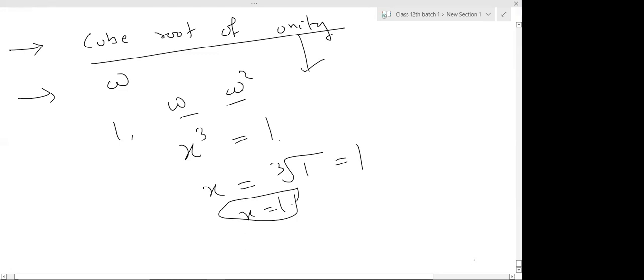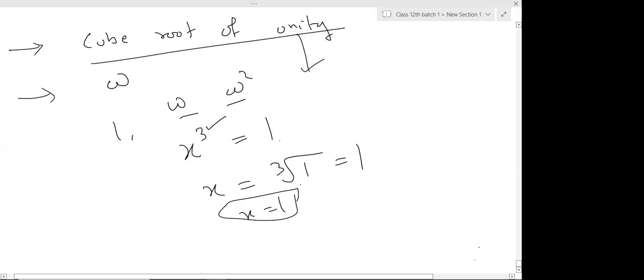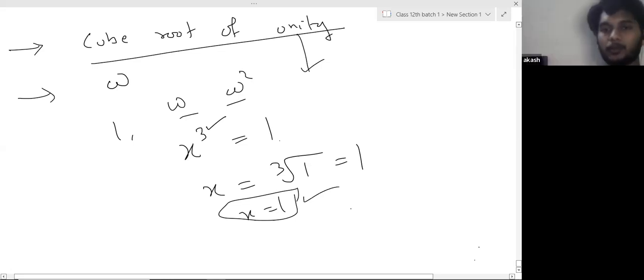But this is wrong. Not wrong, but incomplete, because anything that has power 3 or degree 3 must have 3 roots. Any cubic equation has 3 roots, but we only wrote 1 root, so we missed 2 roots.